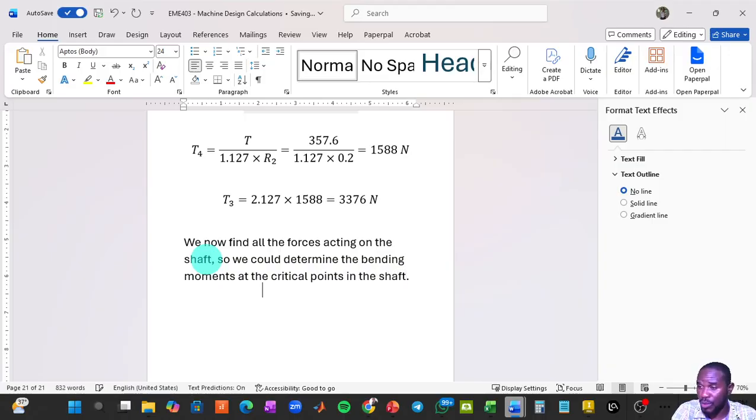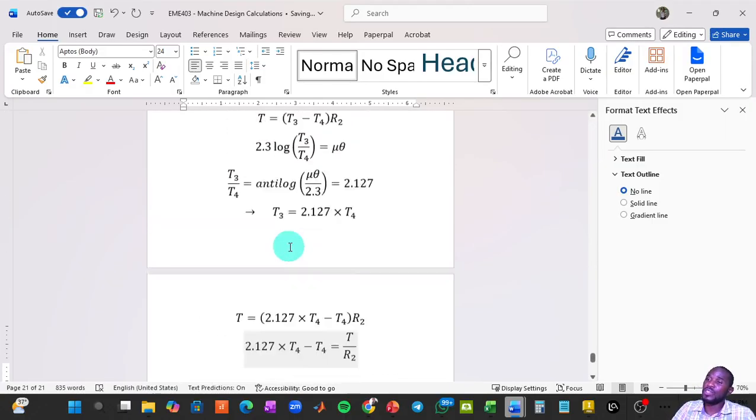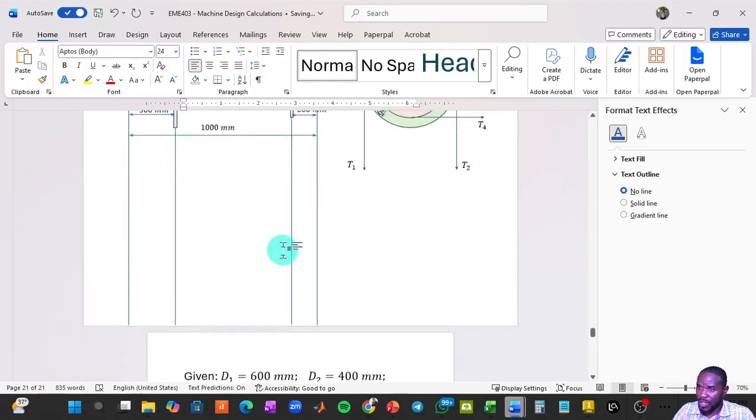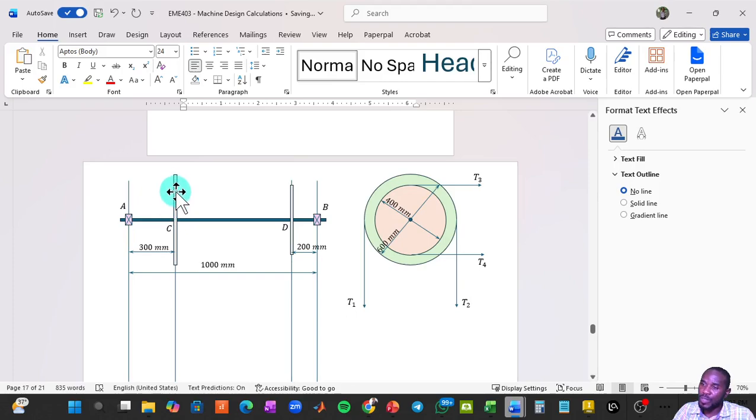To do that, at point C, follow me carefully. Let's scroll up to point C and see what's happening there. At point C, this pulley is delivering power or torque to another pulley vertically downwards below it. That's the direction of T1 and T2. So the forces acting at point C are the summation of T1 and T2. T1 and T2 are both pulling down the shaft at point C.